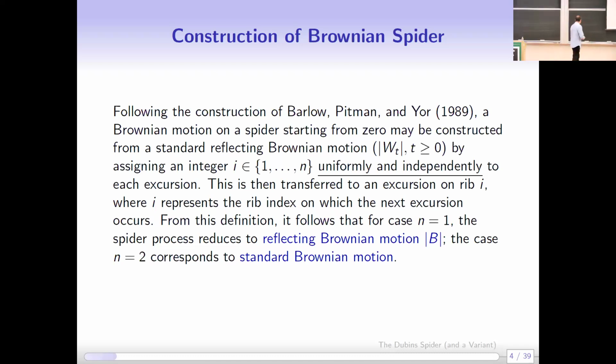You can consider spokes on a wheel where they might not be equal angular, and you might have different probabilities, but in this case, we're going to assume they're all uniform and independent. From this definition, it follows that for n equals 1, you're dealing with reflected Brownian motion. For n equals 2, it corresponds to standard Brownian motion, because you're looking at the sup minus the inf for the running Brownian motion.